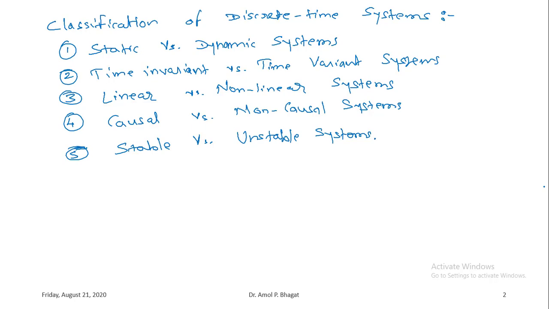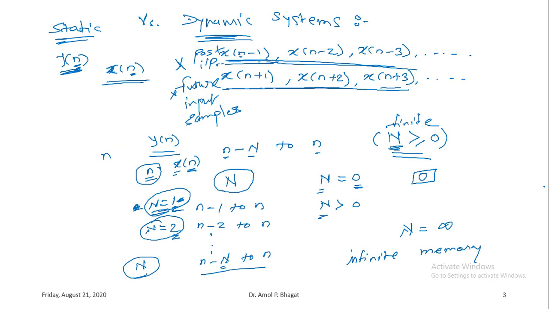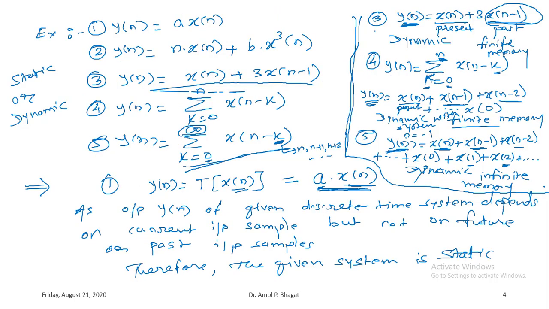So we have seen one example here of how systems can be classified, or identified as static or dynamic. In case of a static system, the output of the system, that is y of n, depends only on the present input sample, that is x of n.